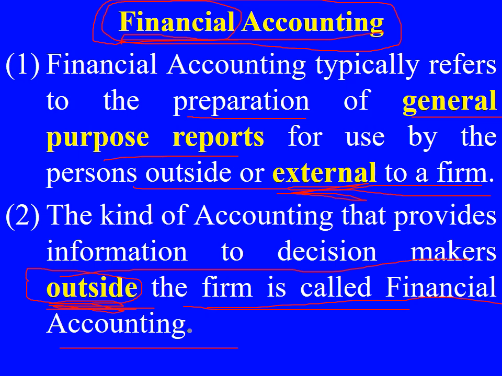To those external to the firm. A business has internal parties and external parties. Financial accounting serves the need of external parties of a firm. So financial accounting is a kind of accounting which provides information to those who take decisions from outside the firm.